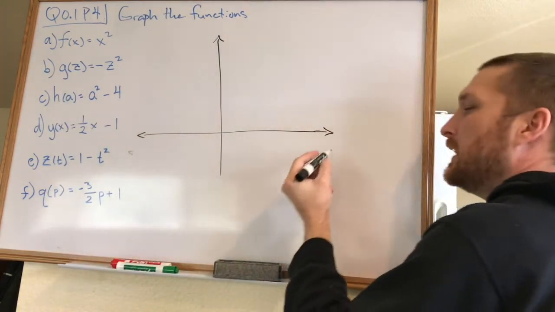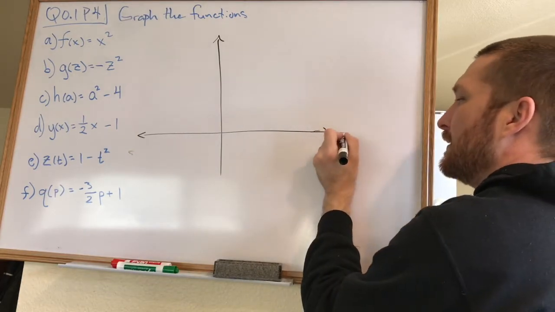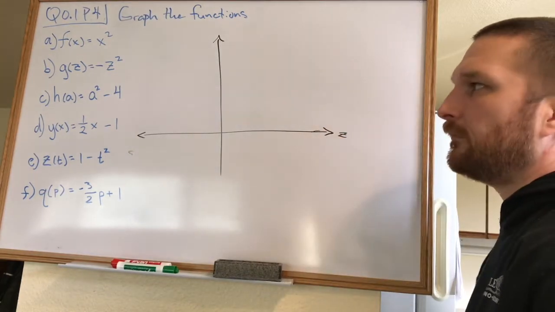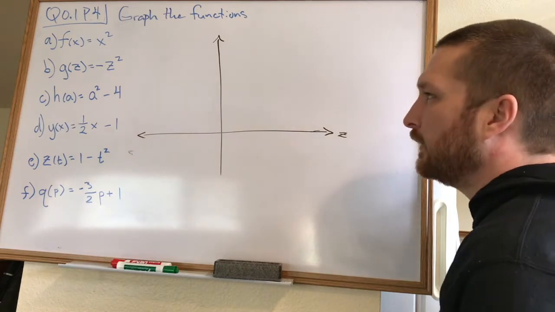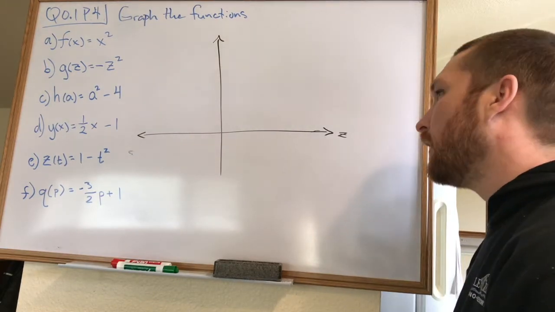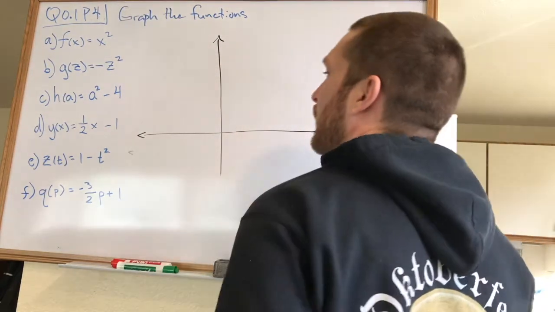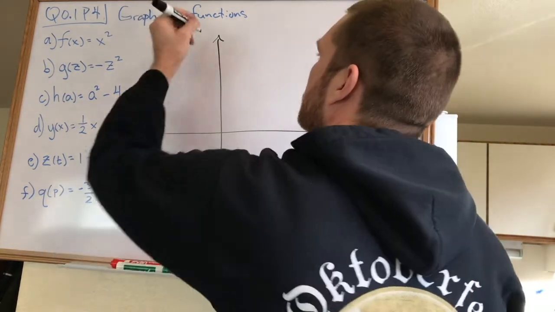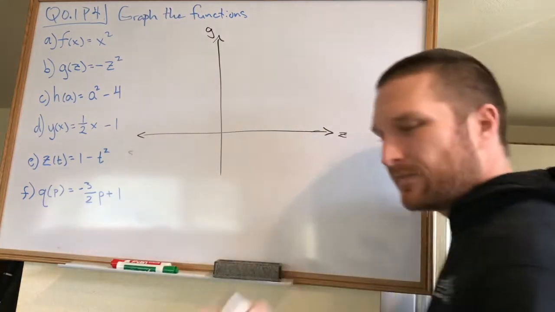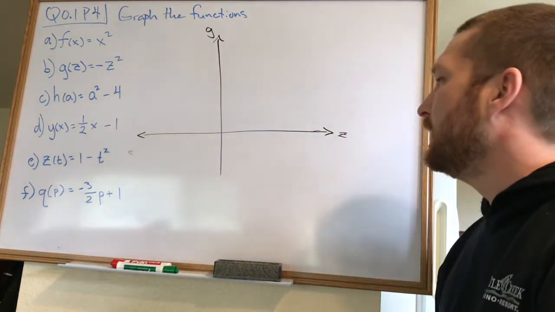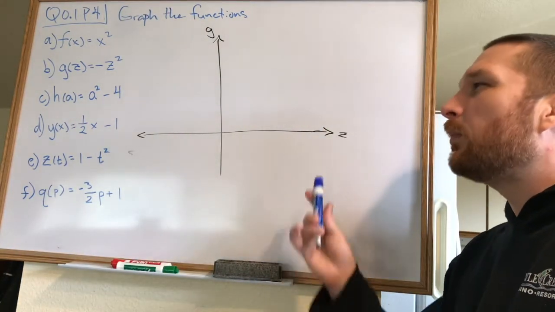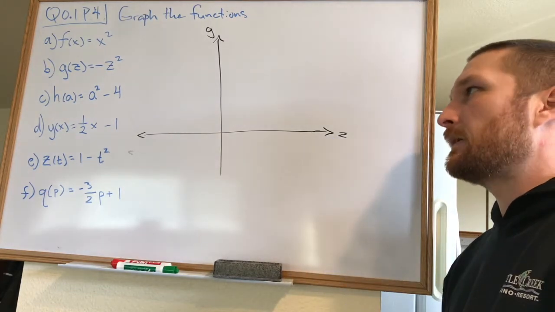So by definition, this has to be the z-axis. I'm going to label that as z. The output, you could call it y, you could call it g. I don't really care at this point. We're going to call it g. If you didn't, that's fine. But it is pretty important that we call this the z-axis.